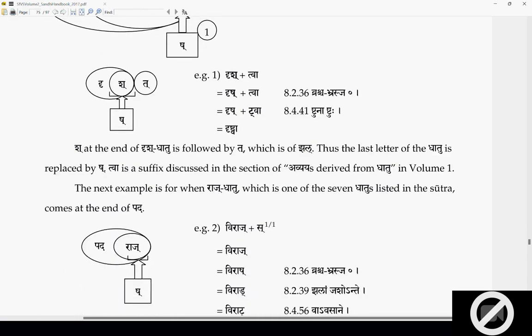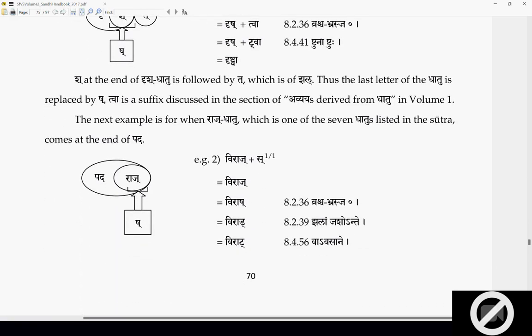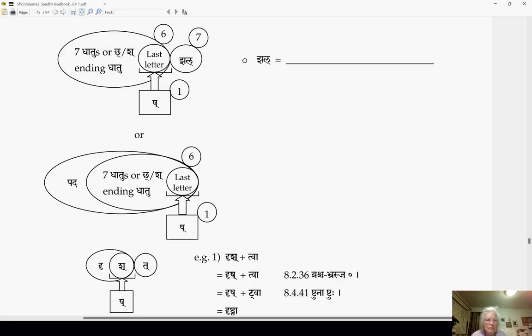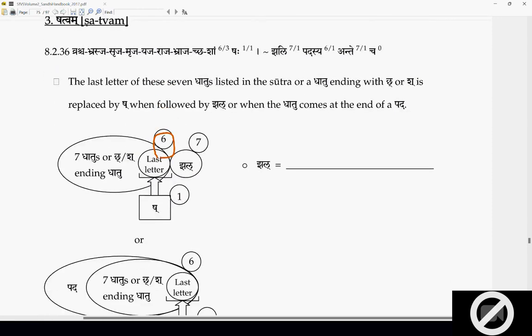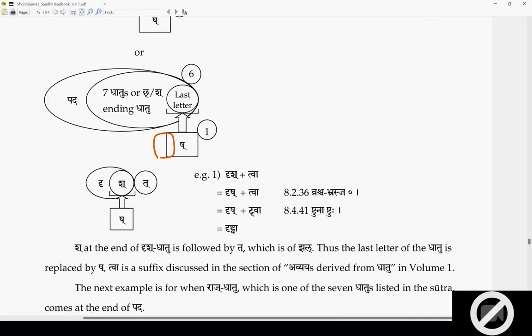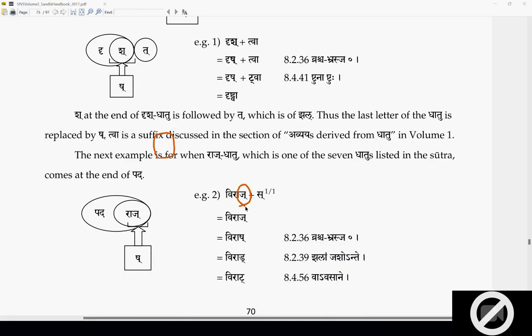So another example which is given here: viraj plus sa. If you look at the sutram, there is a raj here. So that is coming here in the viraj, and it is followed by sa, which is a jhal letter.